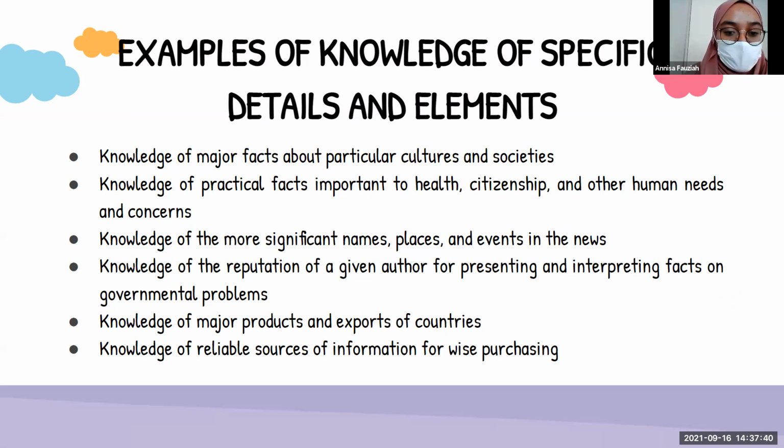Knowledge of the reputation of a given author for presenting and interpreting facts on environmental problems, and knowledge of major products and exports of countries, and the last, the knowledge of reliable sources of information for processing. Thank you. So I will go back to Andini.